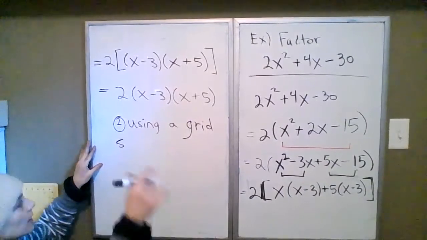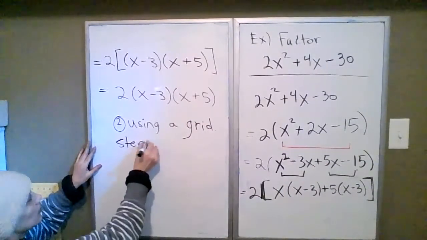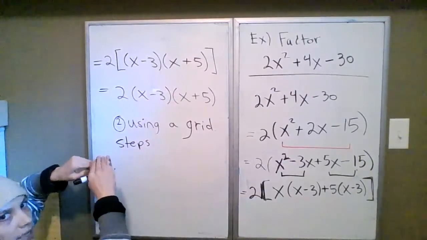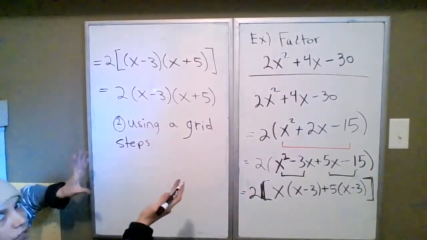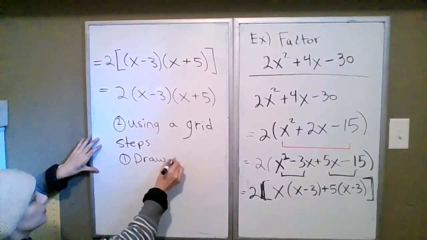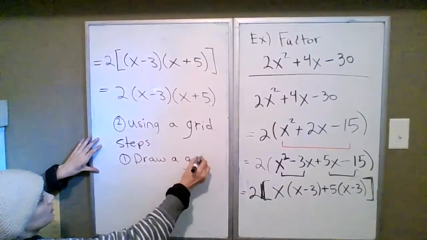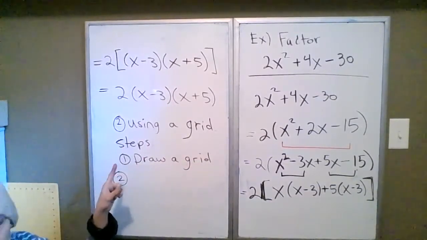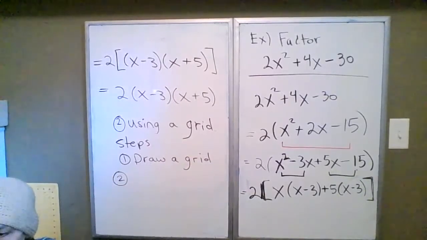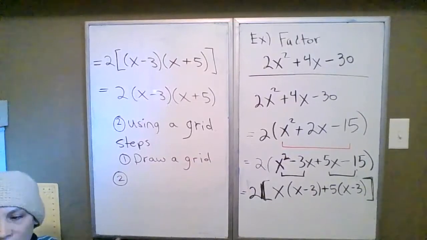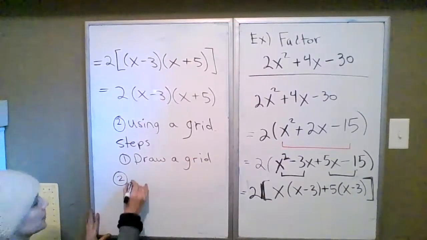But you just want to like separate the 3 terms and then kind of underline it to set up a space to guess and check. Once you've got this drawn, you find 2 numbers that multiply to the first term and 2 numbers that multiply to the last term.